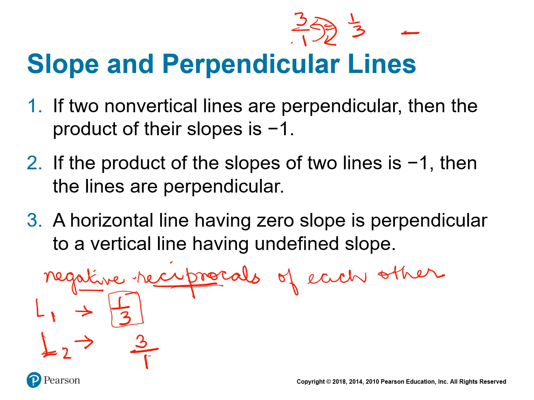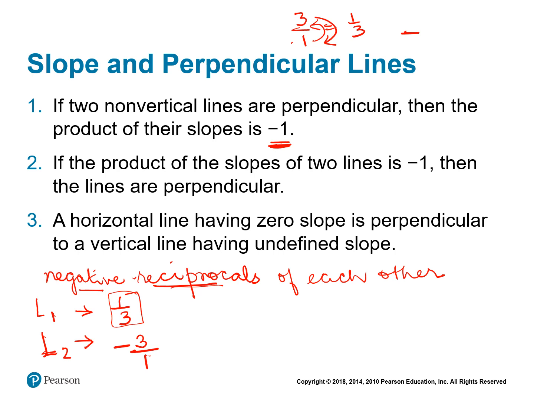And all you do is put a negative sign to it. Now, when you multiply these two slopes, you will come up with a value of -1.